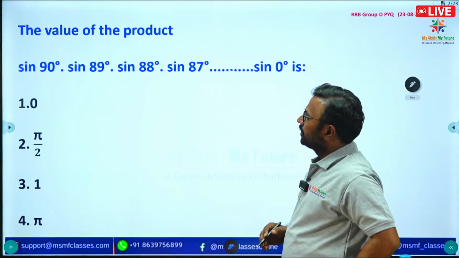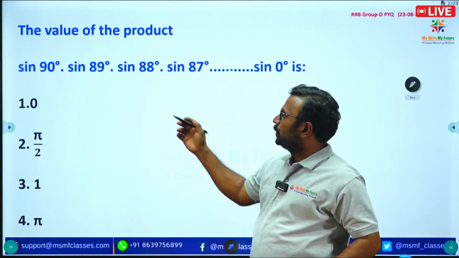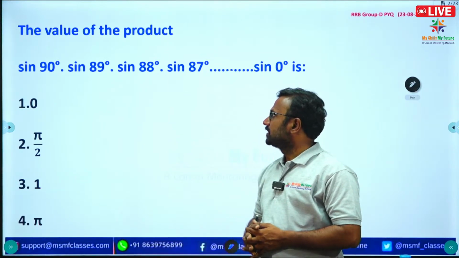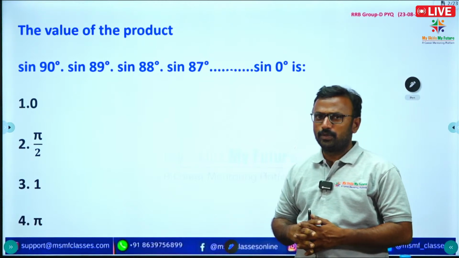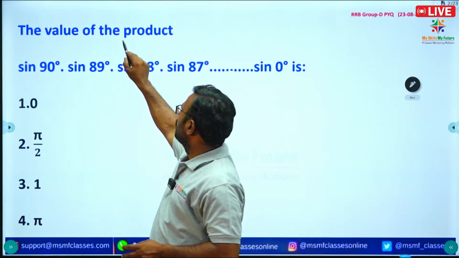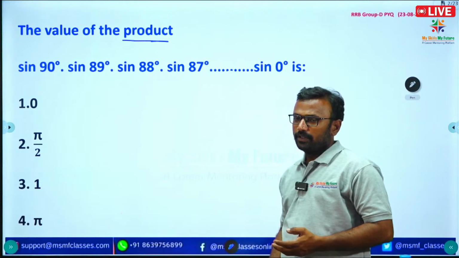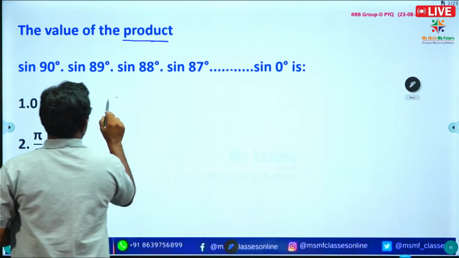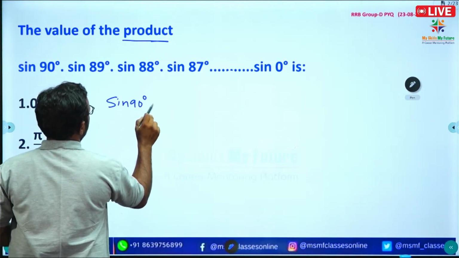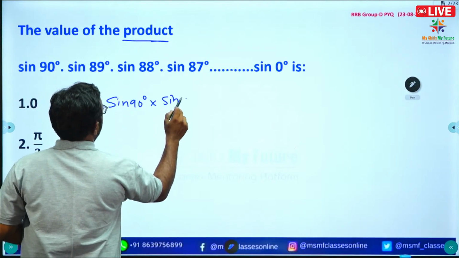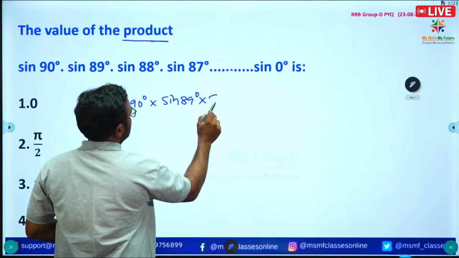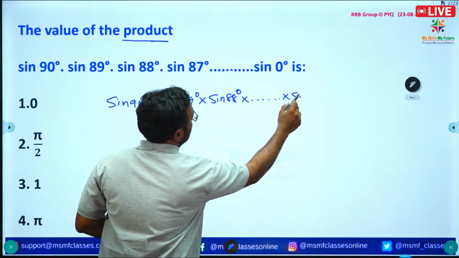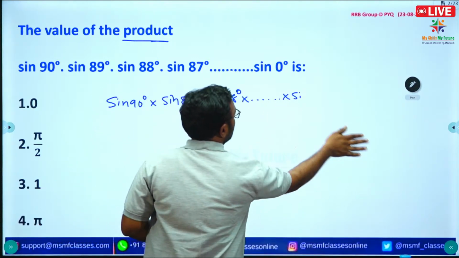The value of the product sin 90 into sin 89 into sin 88 degrees into sin 87, and so on up to sin 0 degrees. So the value of the product sin 90 degrees into sin 89 degrees into sin 88 degrees into so on into sin 0 degrees is nothing but 0.